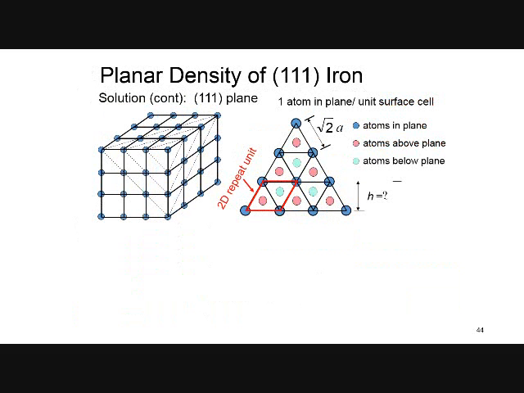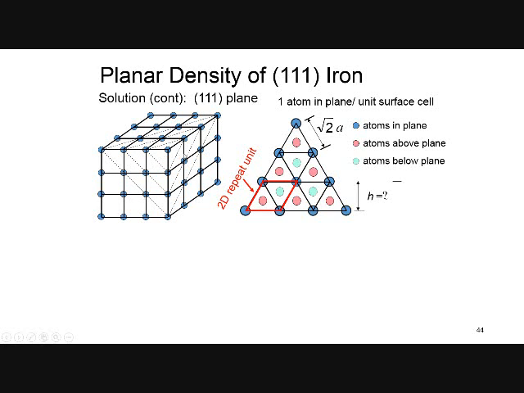Now let's look at another example. This one needs you to work it out. Here we want to find the planar density of iron in the 1, 1, 1 plane. You know the 1, 1, 1 plane is a plane that is intersecting the x, y, and z axes at 1 unit, as shown here in these triangular planes.